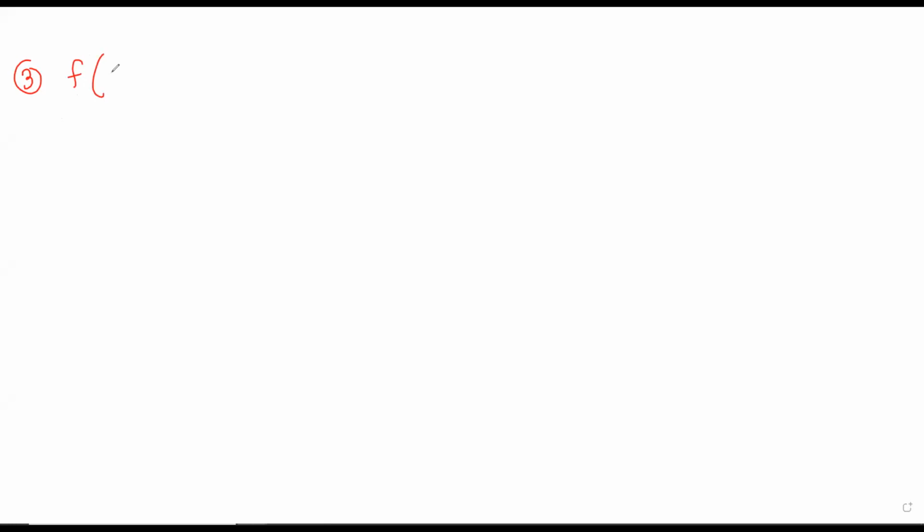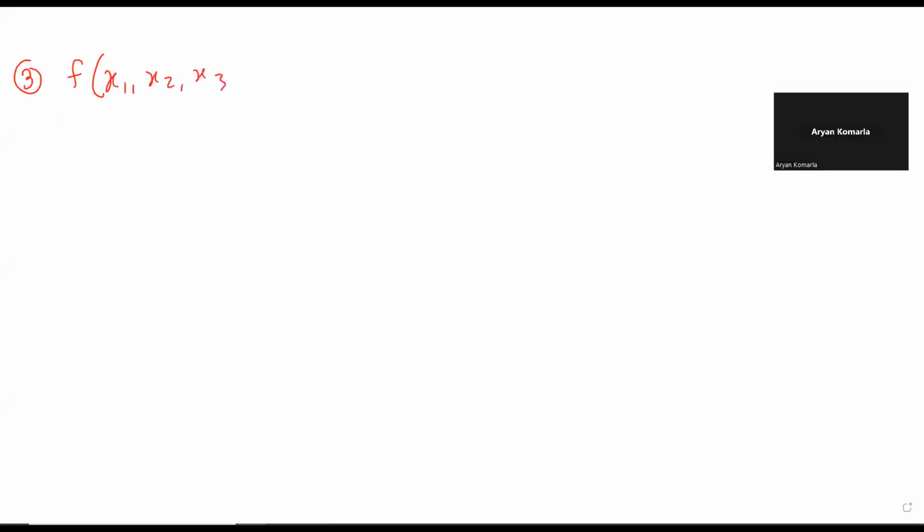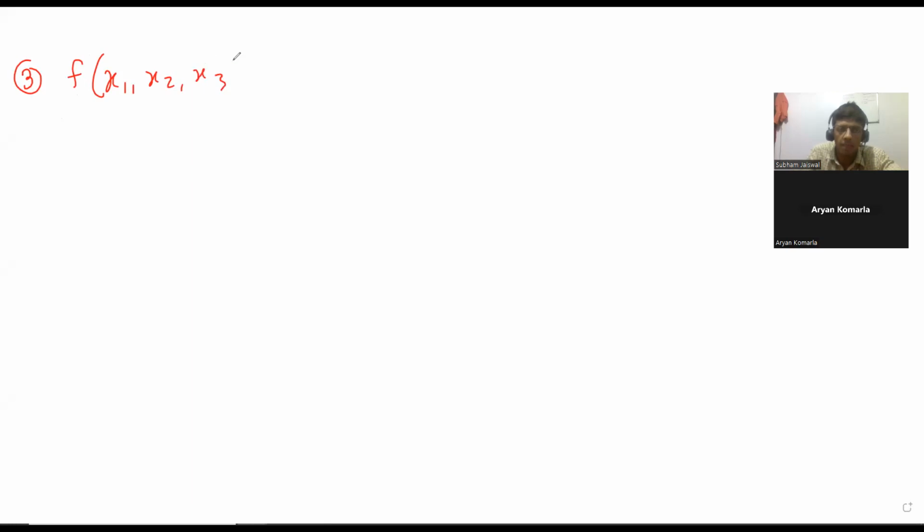Yes, sir. So f of x1, x2, x3 is a multivariable polynomial with integer coefficients. And it's given that f of pi comma 1 comma 2 is 0.